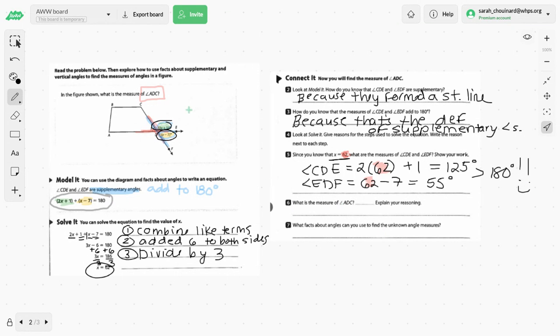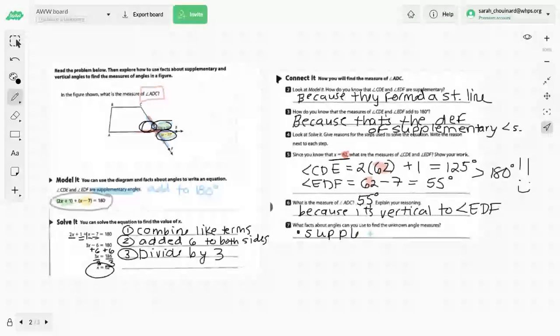So angle ADC, which we talked about originally, is vertical to EDF. So ADC is also 55 degrees because it's vertical to angle EDF. So what facts about angles can we use to find unknown measures? Well, one fact that we can use is that supplementary angles add to 180.